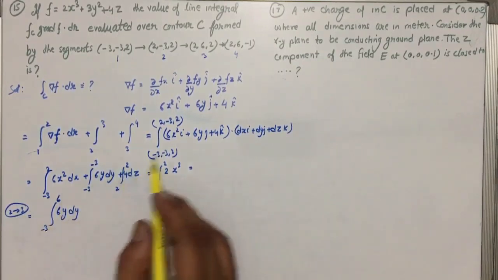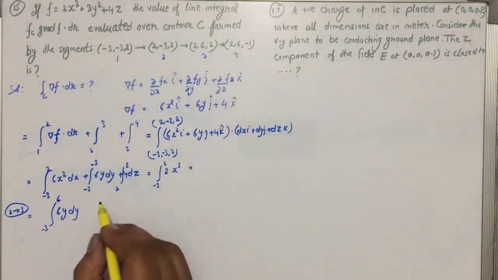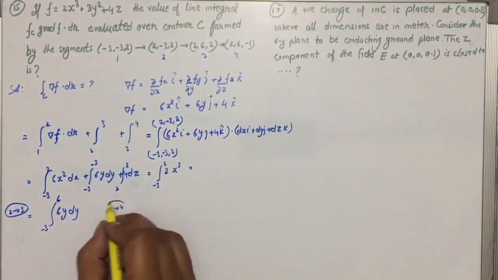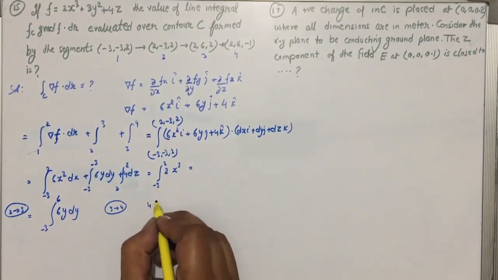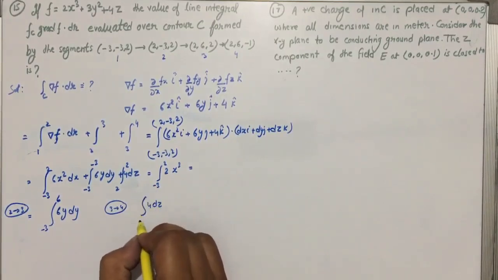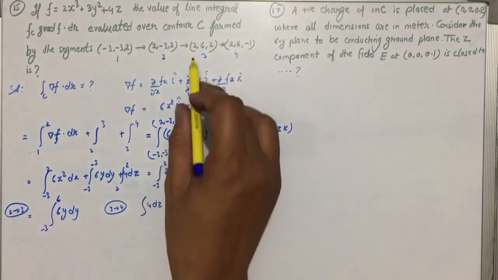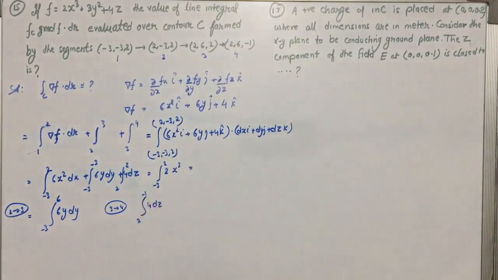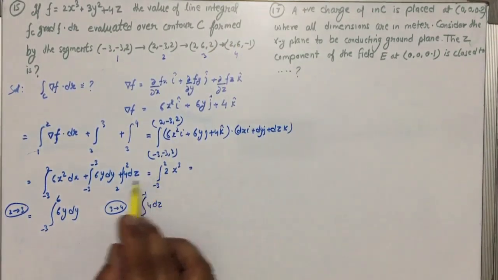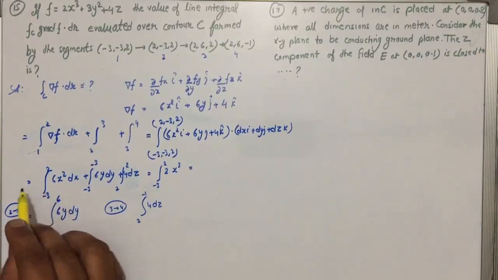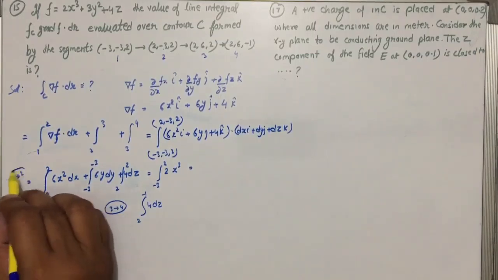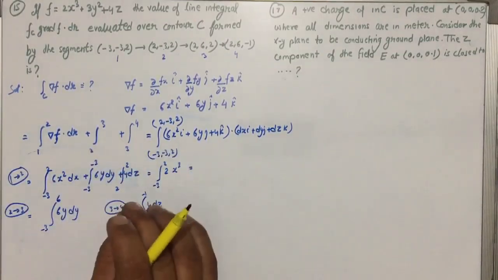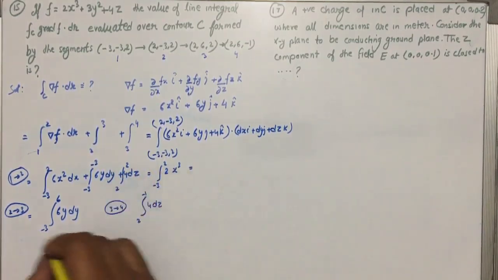From 3 to 4 only z is changing, so we have 4 dz, with x and y remaining constant, and z from 2 to minus 1. So the sum of 1 to 2, 2 to 3 and 3 to 4 will give us the total integration through the contour.